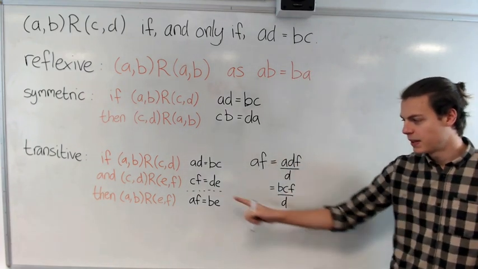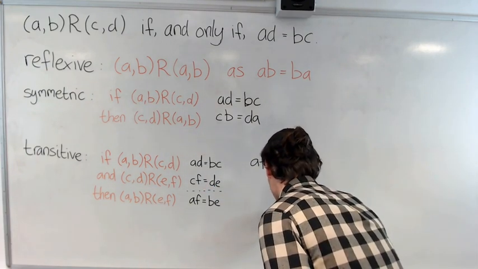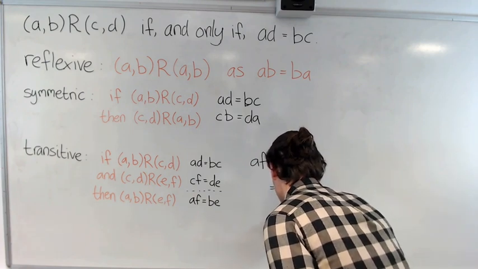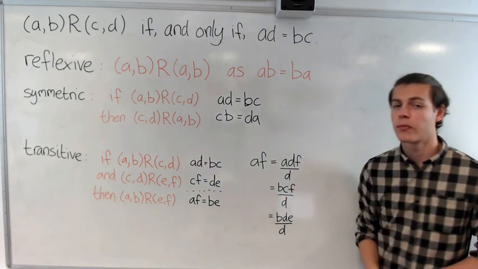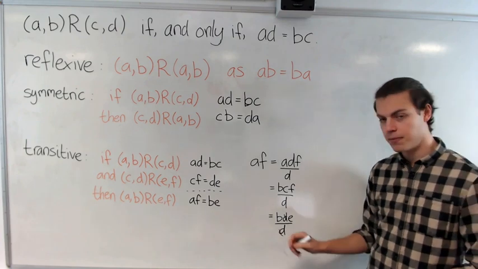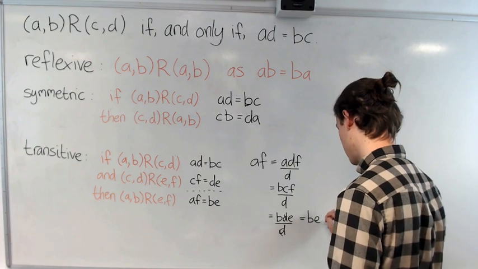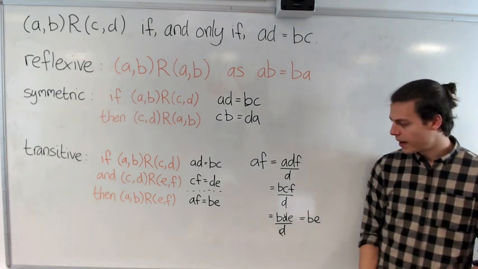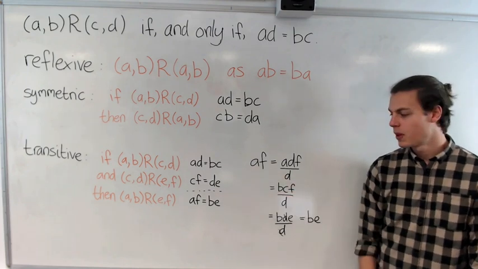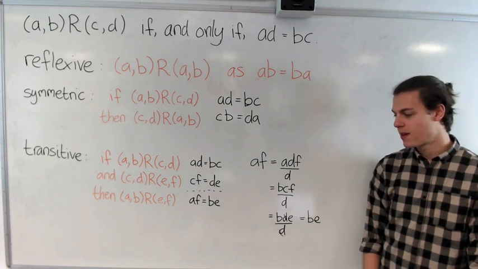And then CF equals DE. And finally, we can cancel the D's again. And there is our confirmation. Given these two, we can find that this is true. And so this is a transitive relation.